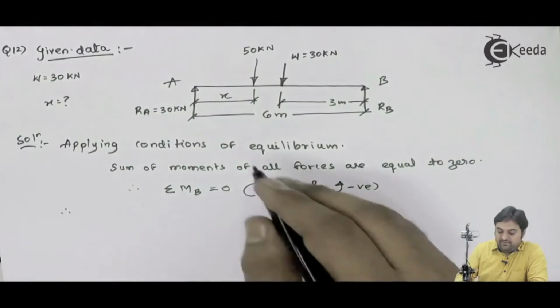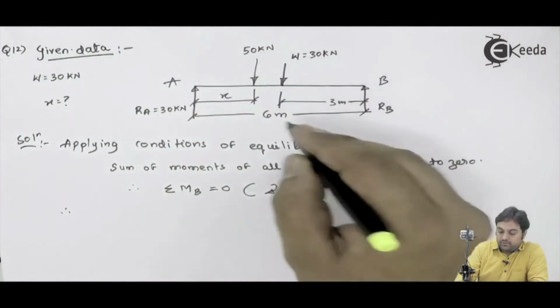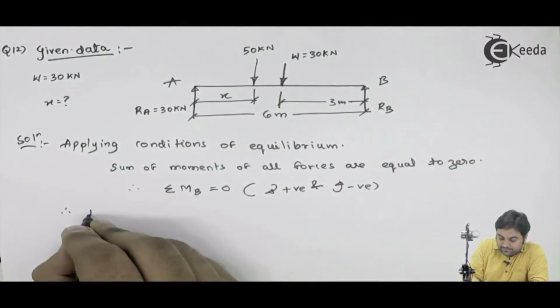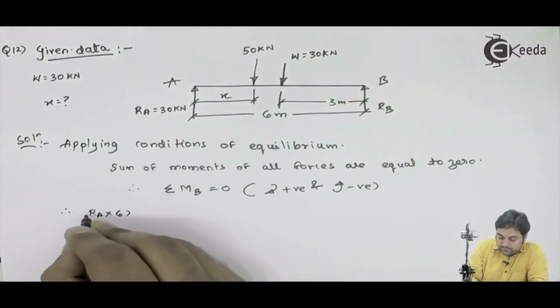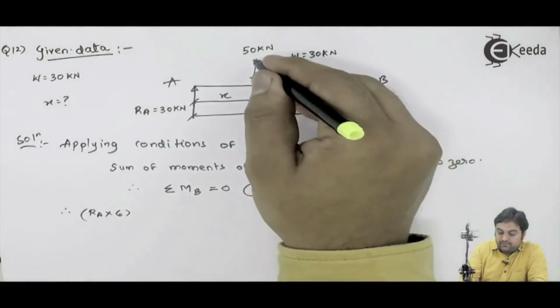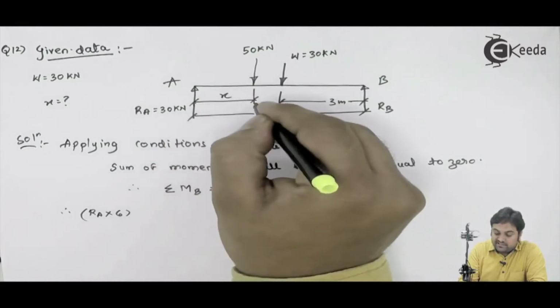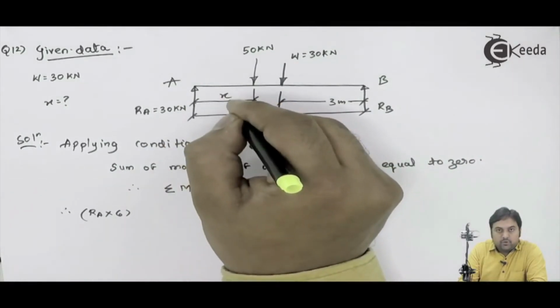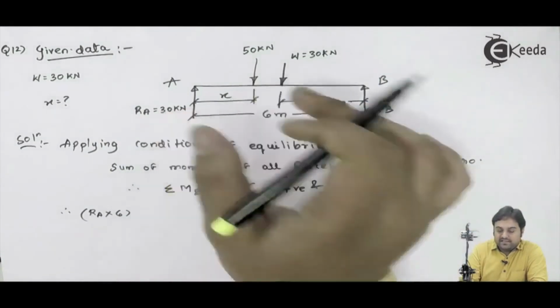Therefore, if I take the moments, RA is acting upward, so the moment would be clockwise, so it will be plus RA into 6. Then here we have 50 kilonewton. Its distance from A is x, so from B it will be 6 minus x.